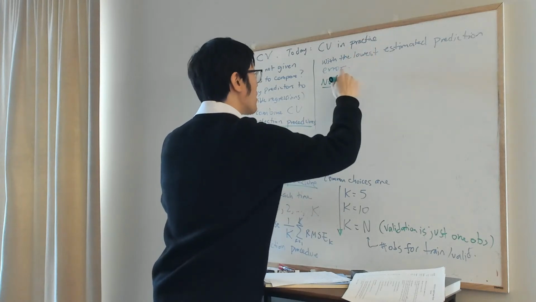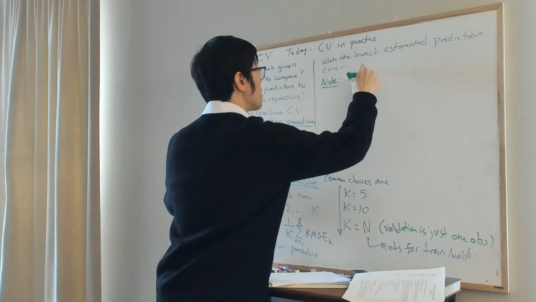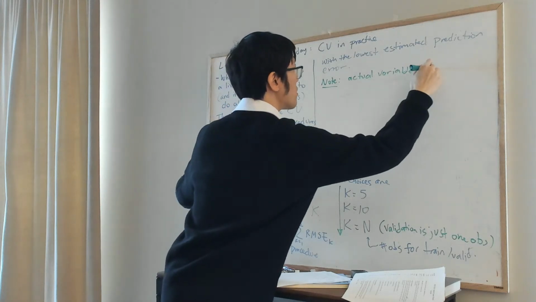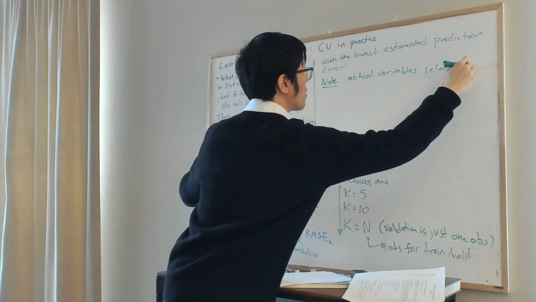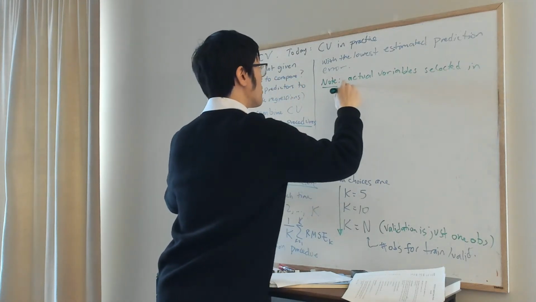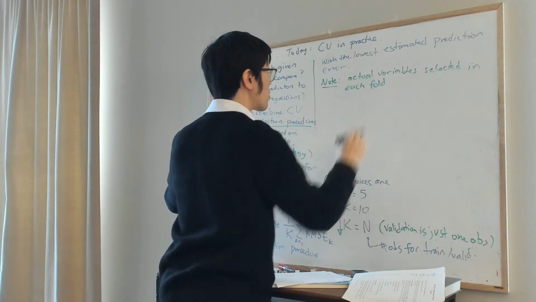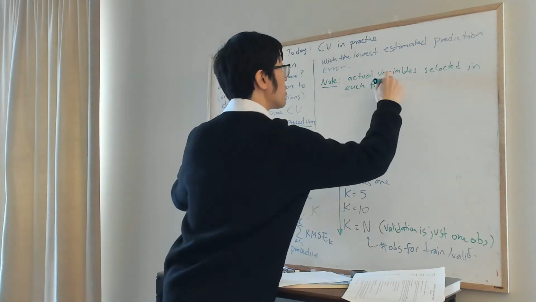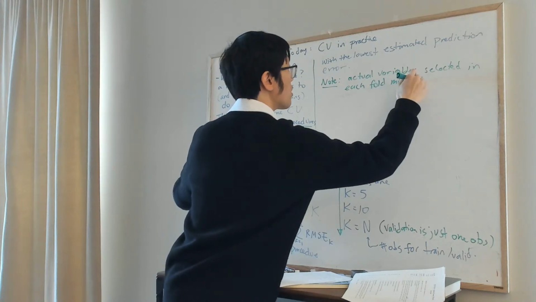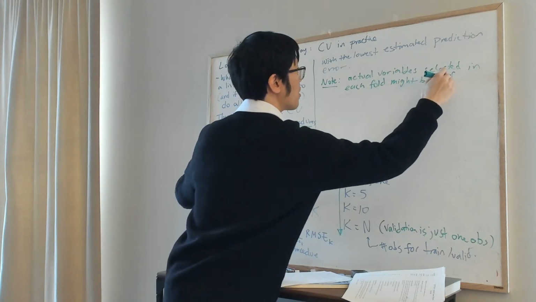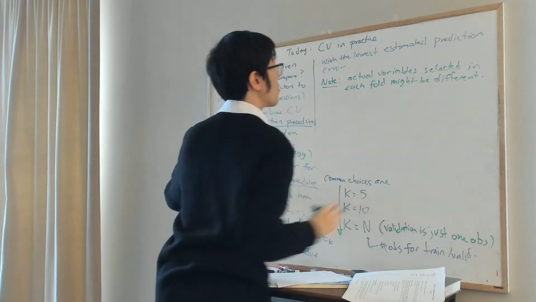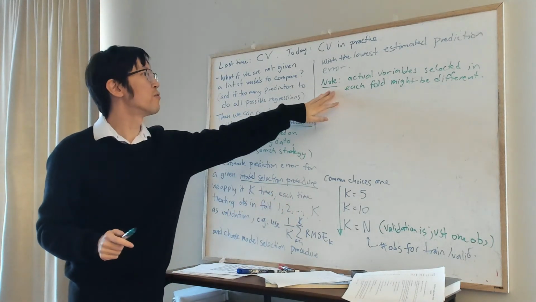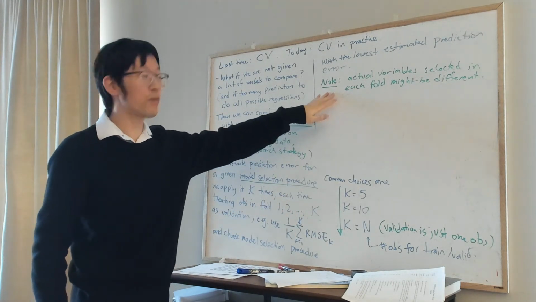Note that the actual variables selected in each fold could have some differences. They might be different, and that's in fact quite likely to happen when we have a lot of predictors.